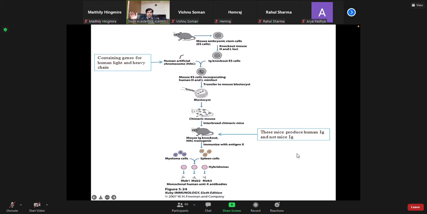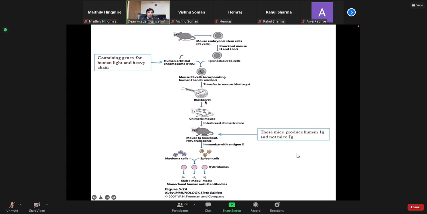It has intron, exon, everything, right? And then you put this human artificial chromosome, which has these sequences of heavy and light chain, into these embryonic stem cells, right? There is a process to do that. Once you have generated these embryonic stem cells, which now are carrying the genetic locus for heavy and light chain, right?